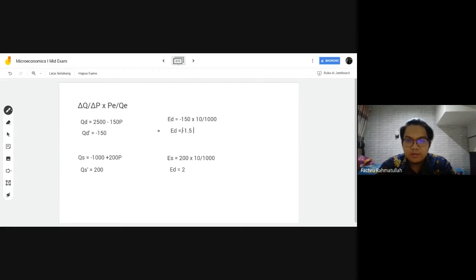Yeah, the symbol is pronounced absolute, or in Indonesia mutlak. It will be positive. So after we got these two numbers, we go back to the elasticity.